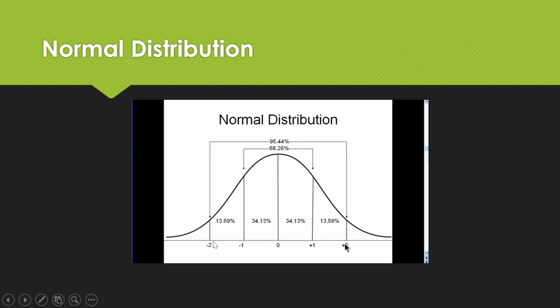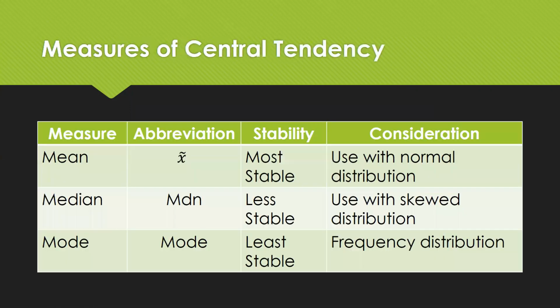When we move to 2 standard deviations from that mean, we get 95% of the population. And if we were to move 3 standard deviations on either side of that mean, we would accomplish about 99% of all possible observations. So this is one of the foundations of inferential statistics.